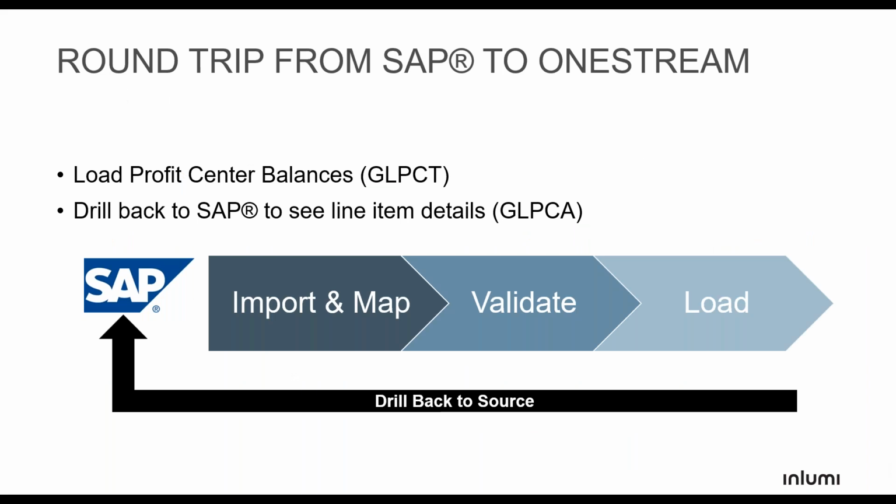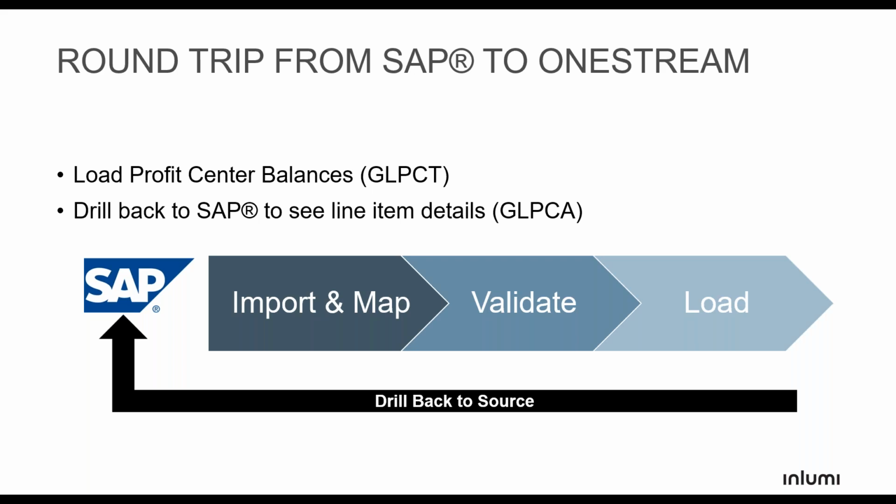Okay, so let's see an example for an SAP integration where I will show you a round trip, which means I'm going to get data from SAP and I'm going to drill back into SAP from my model. So you can see the different functionality that we have in OneStream.